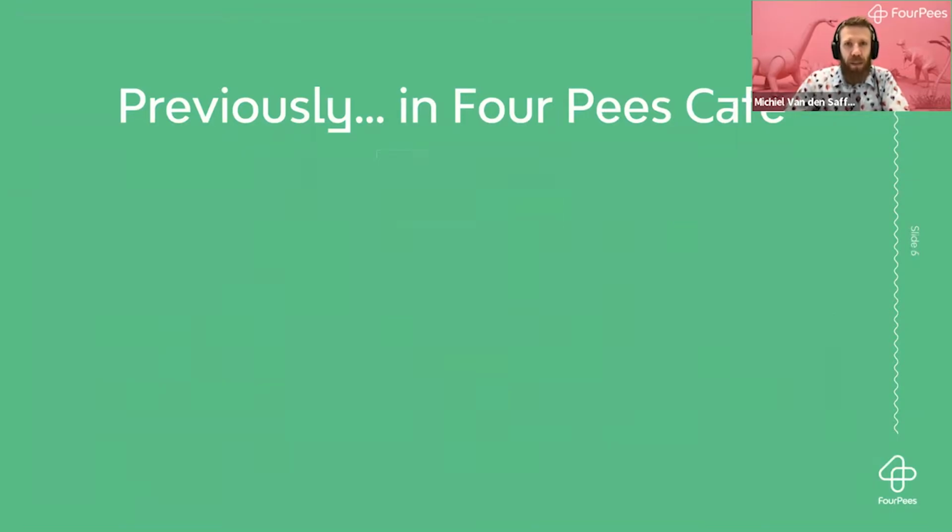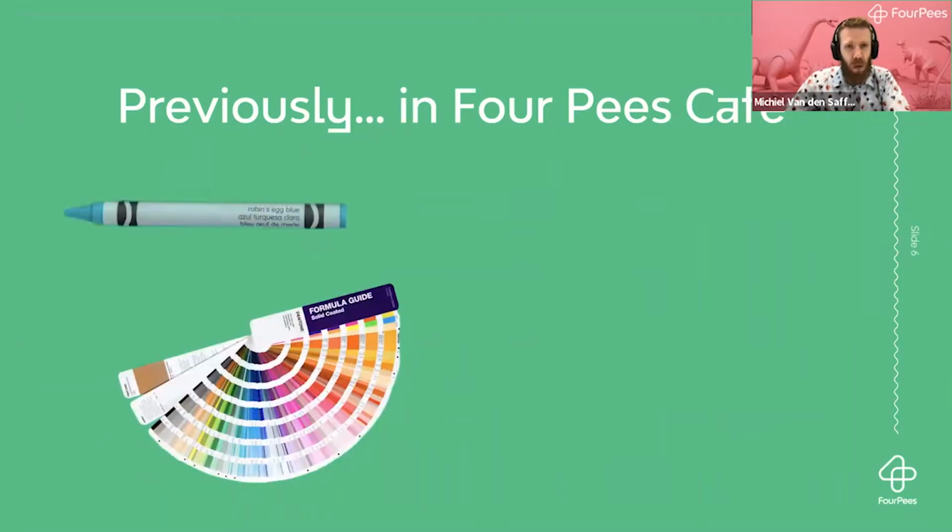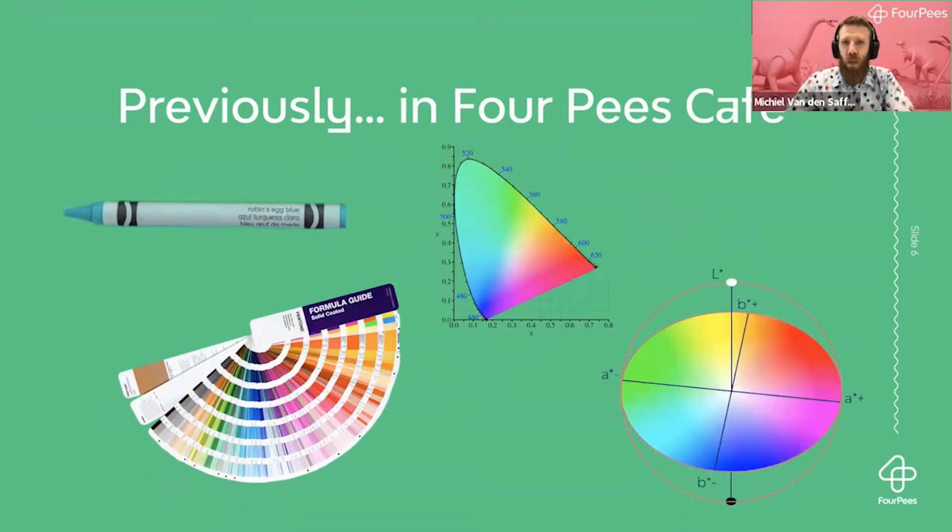Then in the second cafe, we took this concept and we thought about how to name colors, how to consistently communicate about colors to each other. And we could give certain colors just a name and then use that name consistently amongst each other. But it is also interesting to prevent the amount of names and to make everything a little bit easier to use color spaces, where certain coordinates in a system can give you a certain impression.